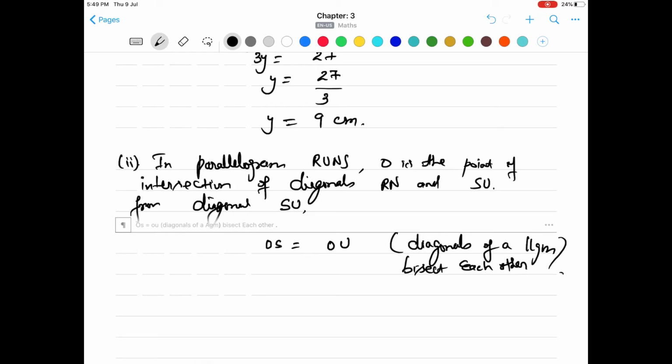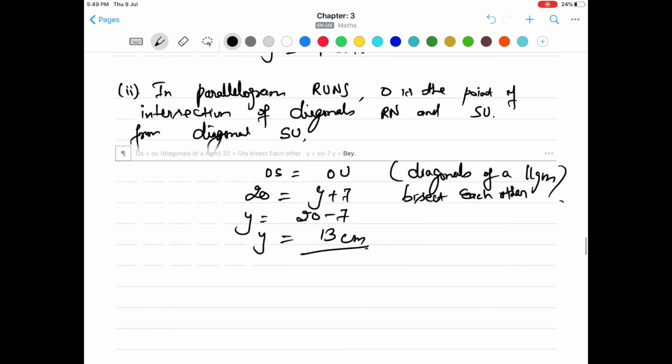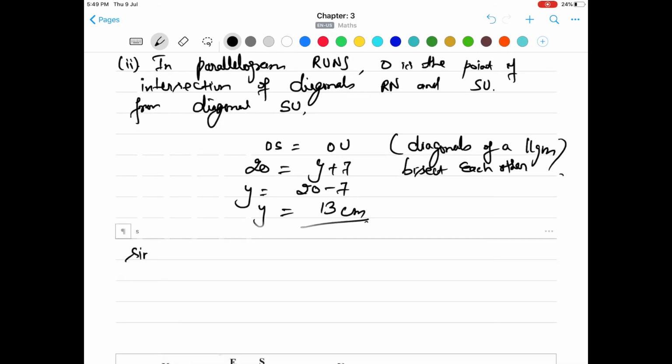Okay, so OS is given as 20 and OU we have y plus 7. So y from here will be 20. This plus 7 will become minus 7 on the other side. So y will be 20 minus 7, which is 13 centimeter. Okay, similarly for diagonal RN, this RO will be equal to ON.